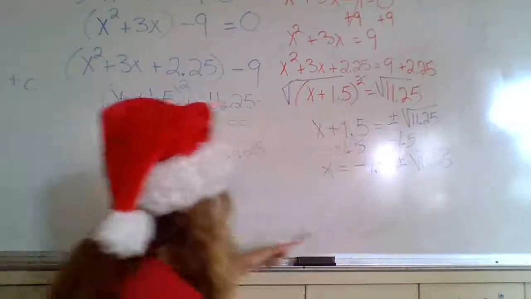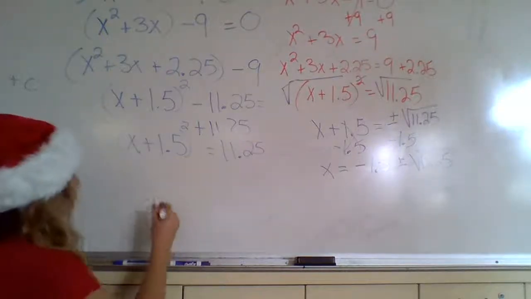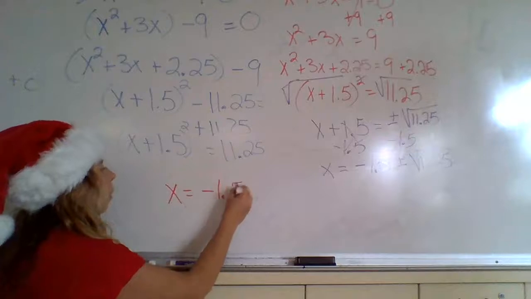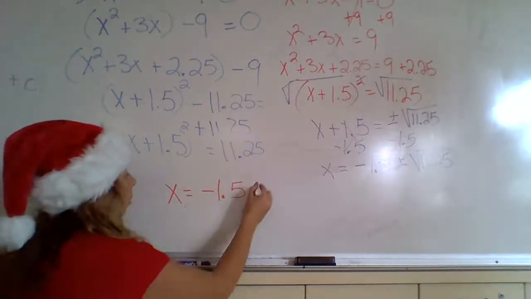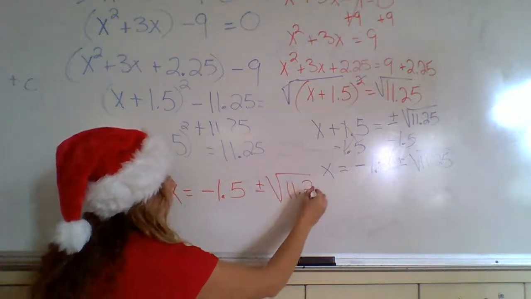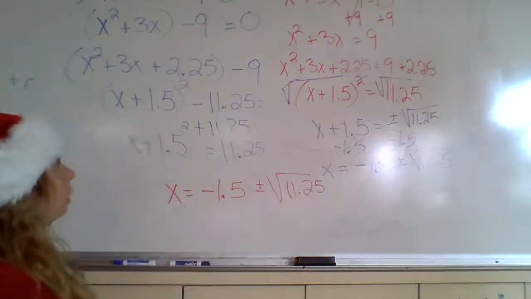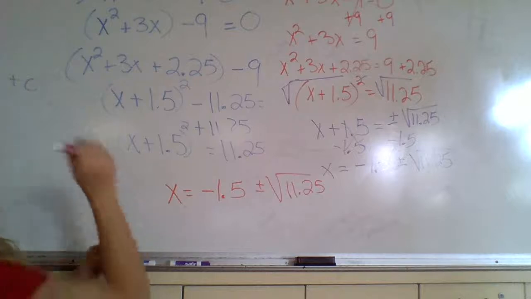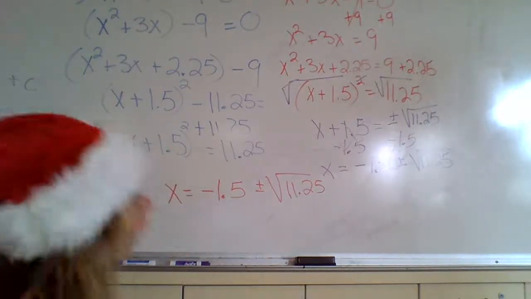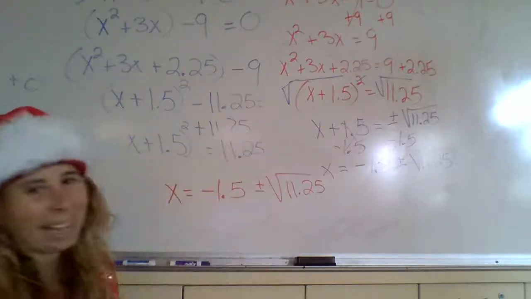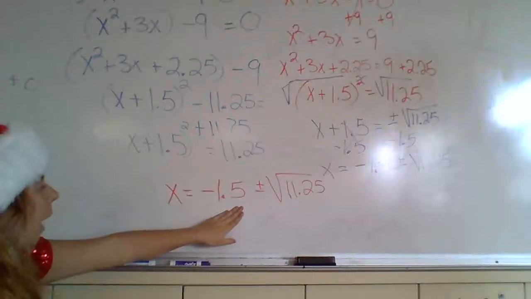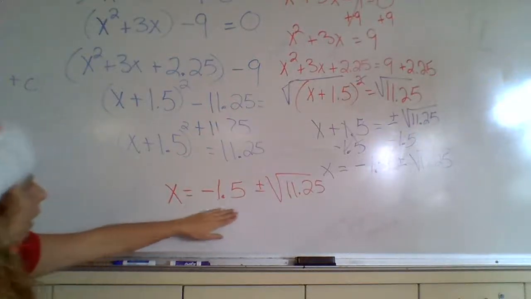So your final answer, hopefully without a glare, yes. X equals negative 1.5, or you can put 3 over 2, plus or minus the square root of 11.25. So once again, if you graphed our original equation, you would get x-intercepts at this point.